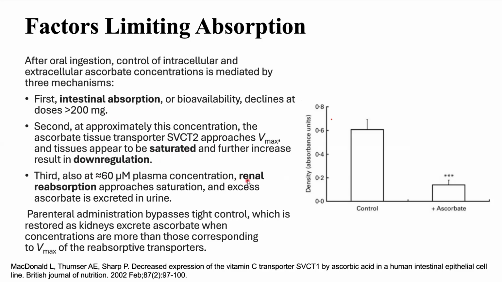Later on, if we talk about the renal reabsorption, that is also saturated, and that actually causes the excretion of ascorbate through urine. So there are multiple factors which could influence the absorption or retention of vitamin C inside the blood.